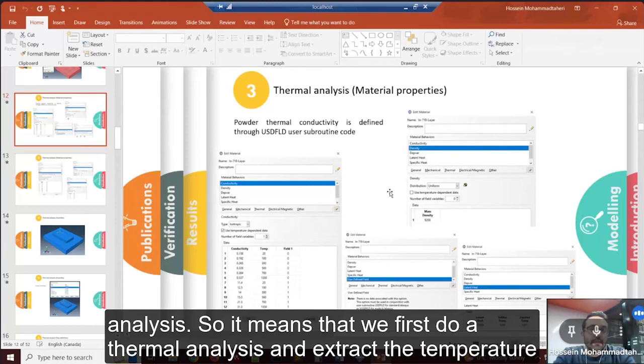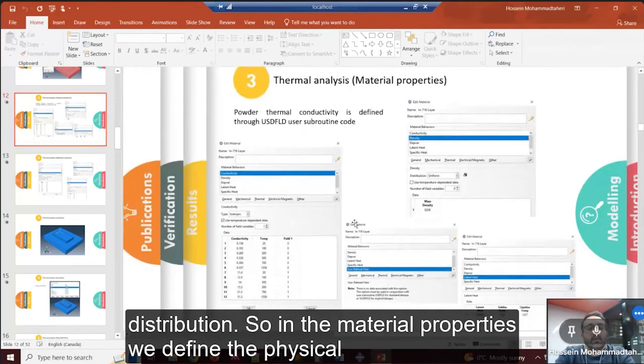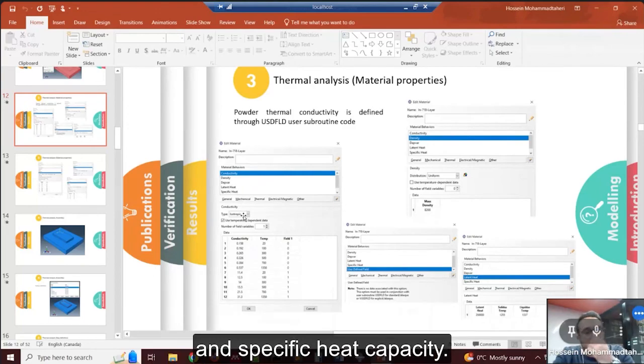It means that we first do a thermal analysis and extract the temperature distribution. In the material properties, we define the physical properties of Inconel 718, including thermal conductivity, density, latent heat, and specific heat capacity.